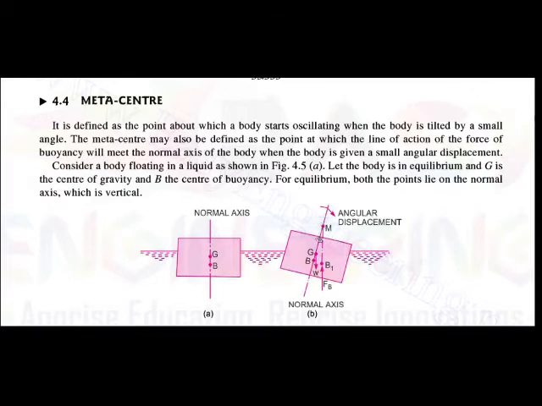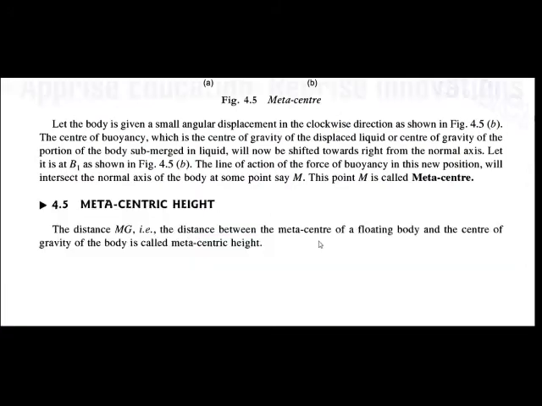Now we will see what is the metacentric height. Metacentric height is the distance between the metacenter of a floating body and the center of gravity of the body. It is called the metacentric height.